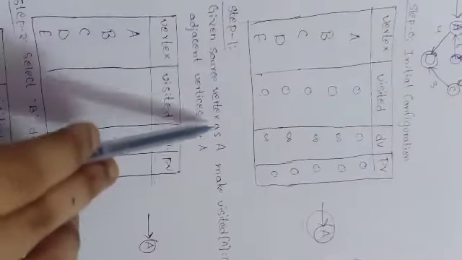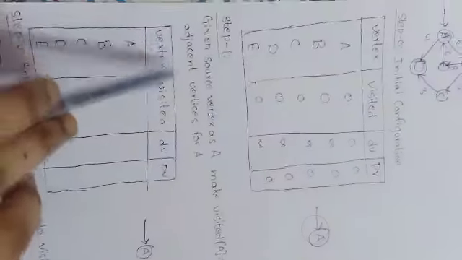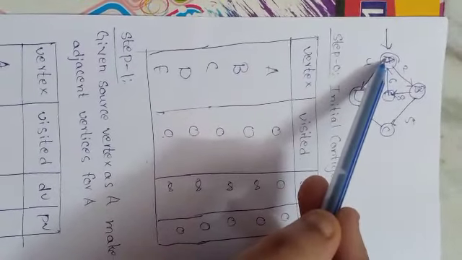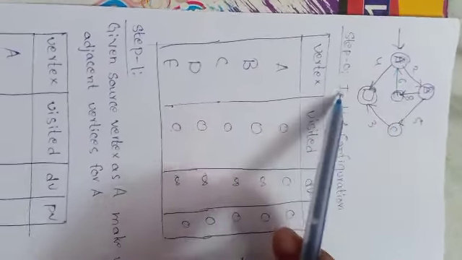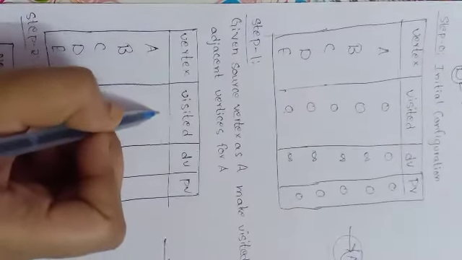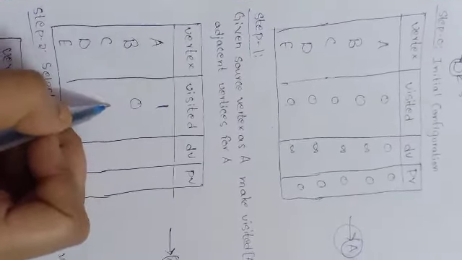In the next step, given source vertex A, make visited of A and find the adjacent vertices for A. The adjacent vertices for A are A to B and A to D. So make visited of A equal to 1 and all others zeros.